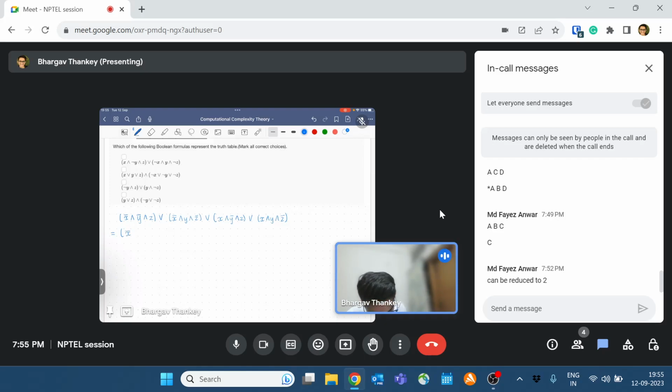So you get x complement or x, because there is an or between the two, and y complement and z, not z complement. This is what we get from these two. Similarly from these two, yz complement is the same, so you get or y and z complement. Let me put these in brackets.